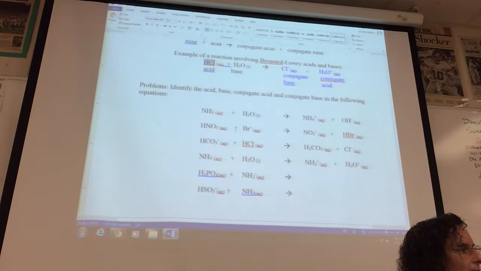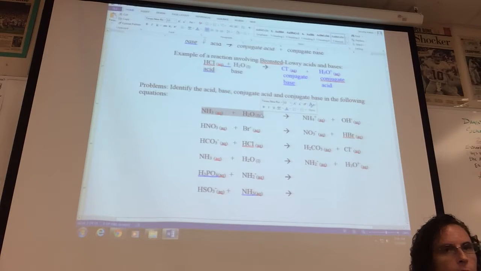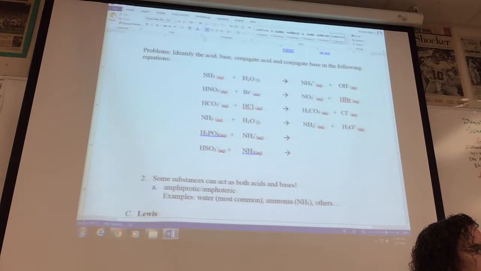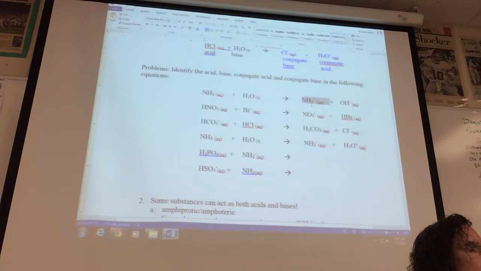Looking at this set here, let's do some of these together. Now, ammonia and water, we know, are both amphiprotic or amphoteric, so you can't guess right away what's what. So my approach is to look at this substance and look at a substance similar. So it's a base, right? To make this substance, it accepted the proton.